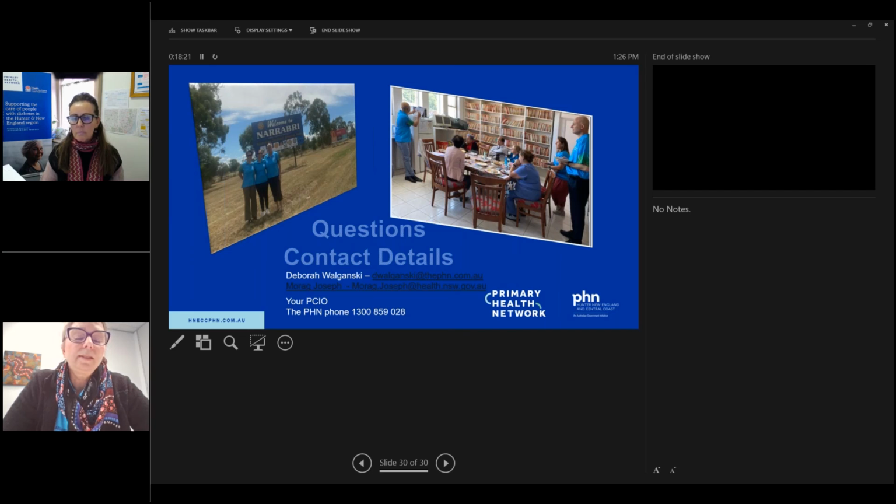Is there any other way to capture this data without accessing the DCC? Look, the DCC, the diabetes cycle of care, is what populates the register. So you do need to utilize those fields in your practice software if you want to have a diabetes register that is up to date and current.